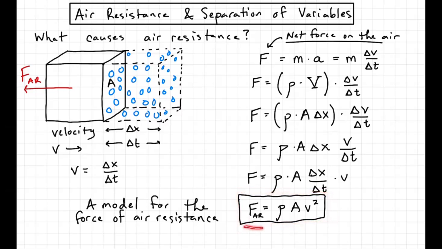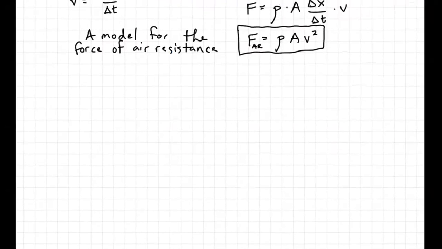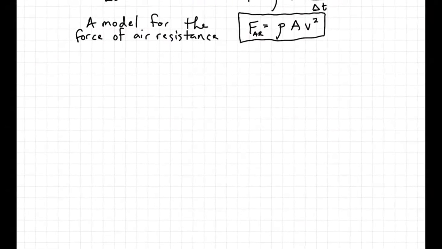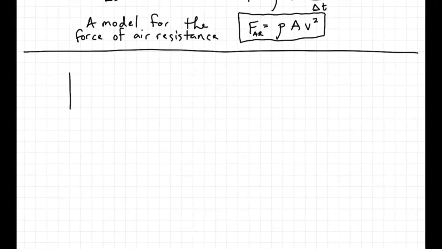But for now, we can try to take this model and predict what the motion of our cube might be, or a box or something like that, if this is the model for air resistance. And so I want to do that now. So let's set up a problem. Let's say I've got a box and it's sliding on the ground.